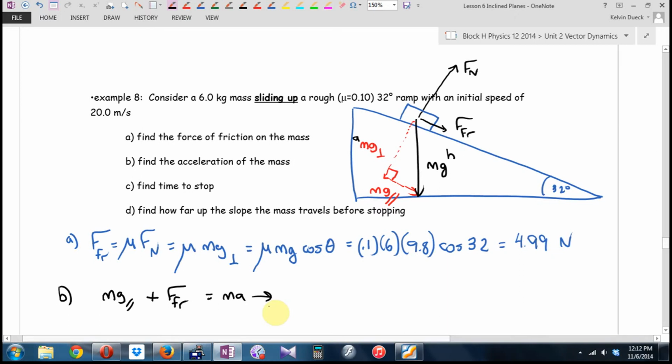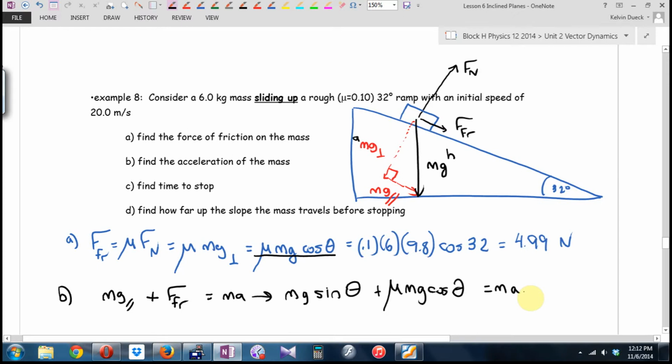Okay, I can go like this: mg sine theta plus, and right above here we wrote that friction was also equal to mu mg cos theta. That equals MA.